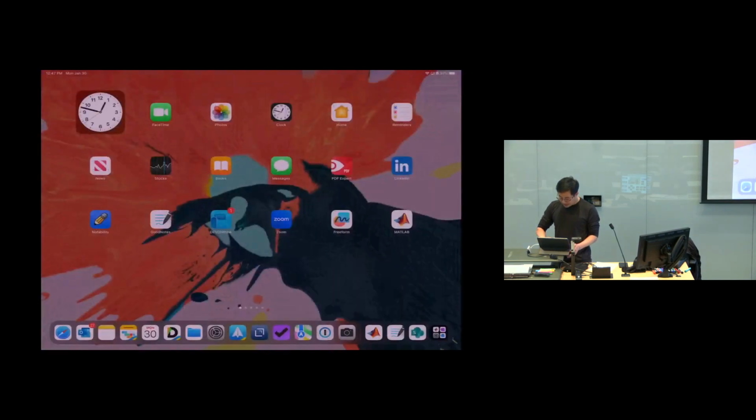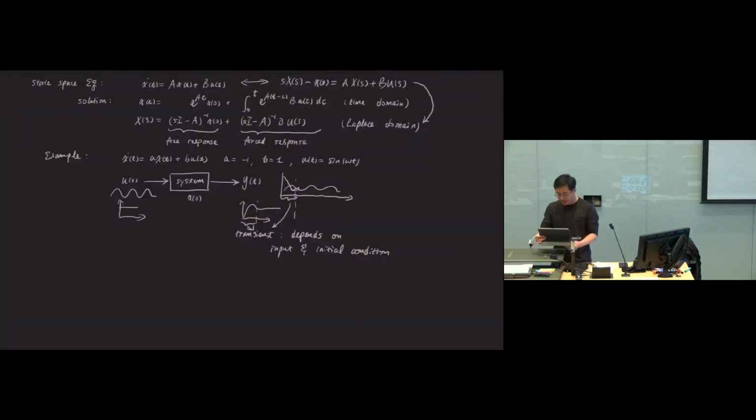So that is this problem over here, a very simple problem, but it actually implies a class of control design algorithm. There is this class of algorithm that will focus on assigning these very special initial conditions so that the output will have as minimum transient as possible.